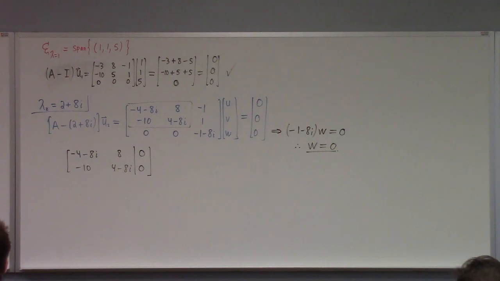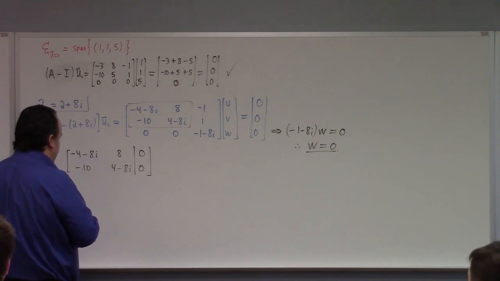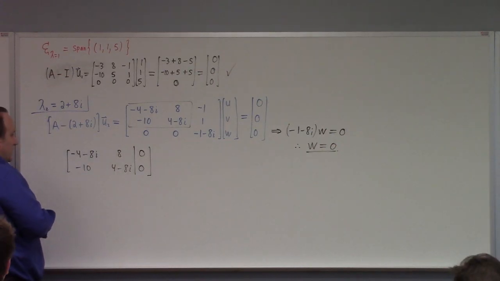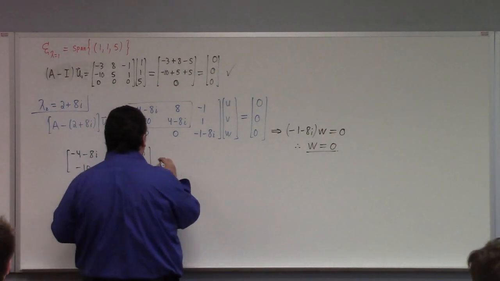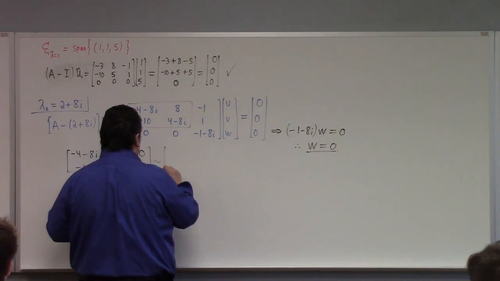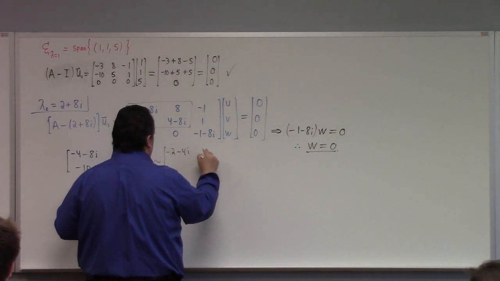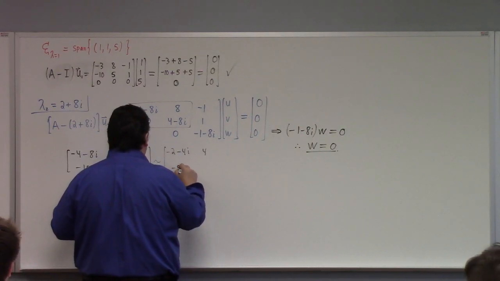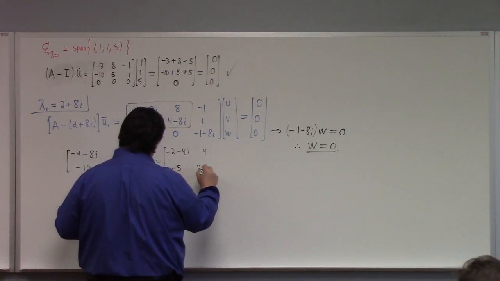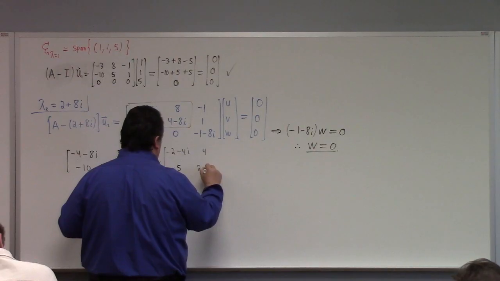So the minus 1 and the 1 at the end of those equations doesn't contribute anything. We can just focus on this. Also, let's just clean this up a little bit. If I divide by 2, this is minus 2, minus 4i, 4, minus 5, 2, minus 4i.